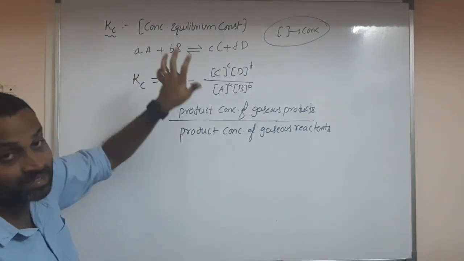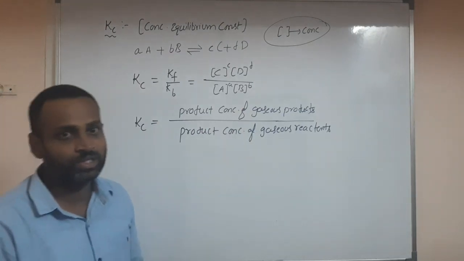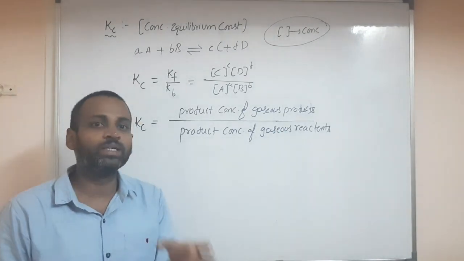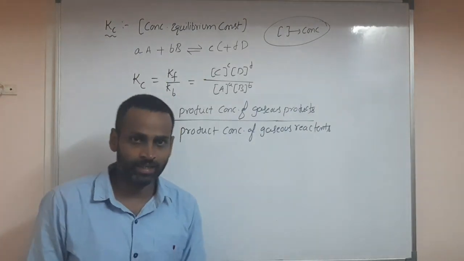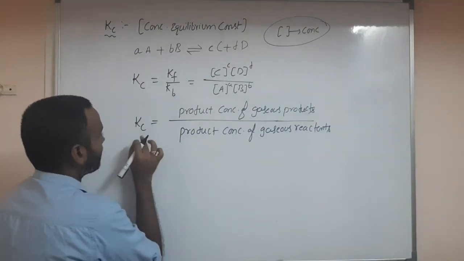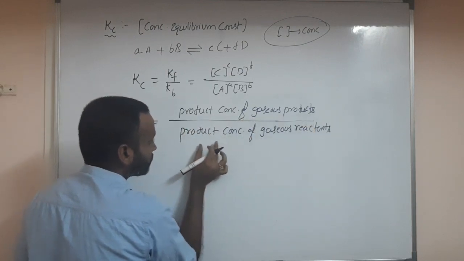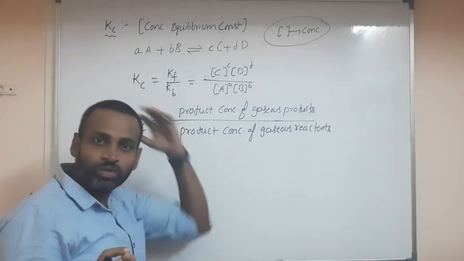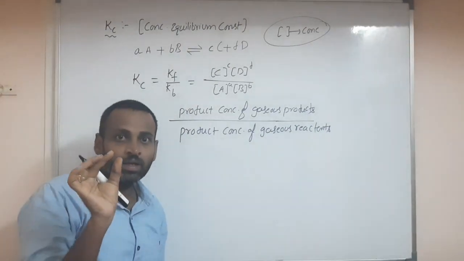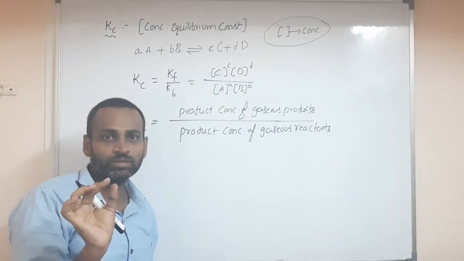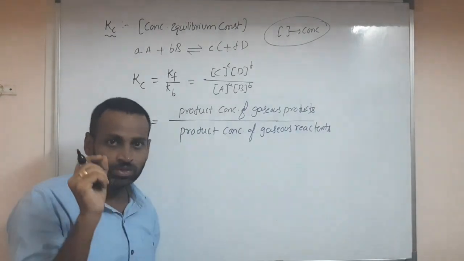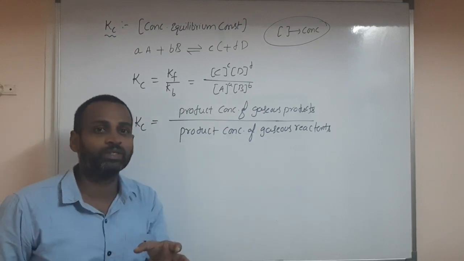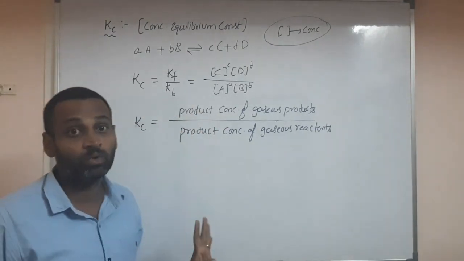If any solids are there, we won't consider their concentrations in Kc, because we take them as unity; solids are highly rigid, so they cannot take part in the reaction. Even for liquids sometimes we won't consider: if a liquid is in excess, we won't consider its concentration.